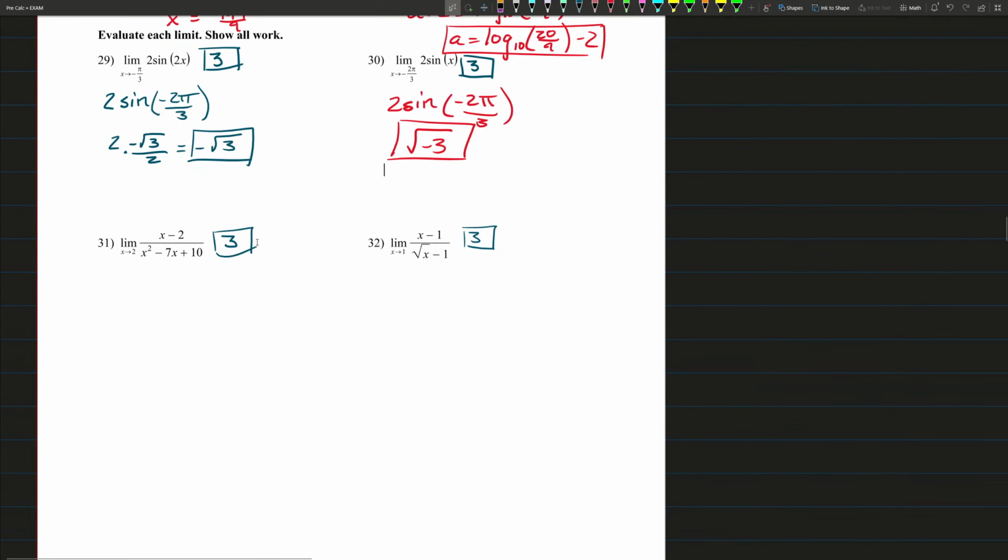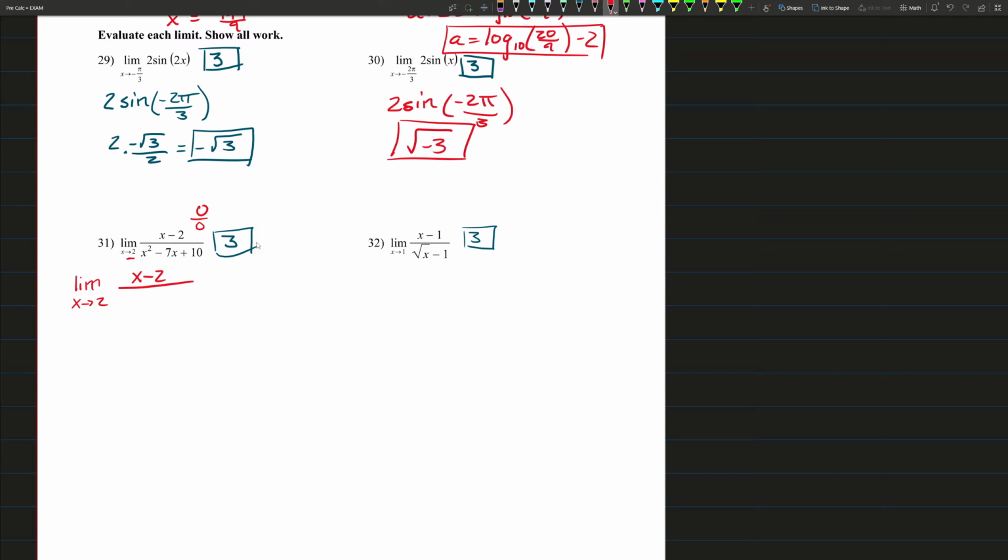All right, moving on. Number 31, if we plug in 2 into our entire limit, we would get 0, and then we'd get 4 minus 14 plus 10. So we'd get 0 over 0. Okay, that means we have to do something to this entire fraction so that we can actually take this limit. All right, so what we can do is we can try and factor the top and bottom. There's nothing to factor on top though, so that's just going to stay the same.